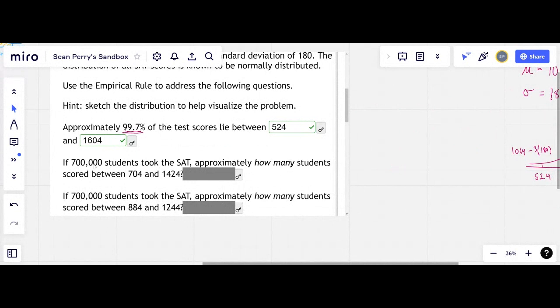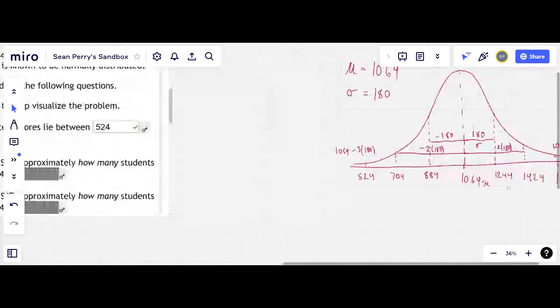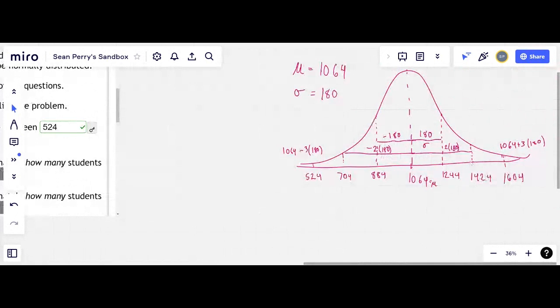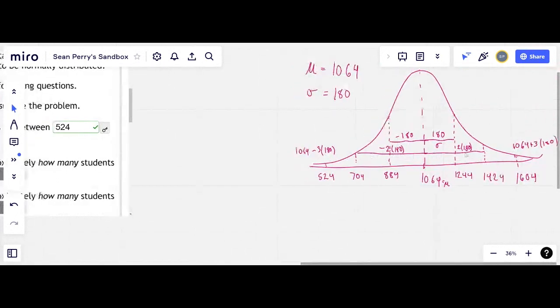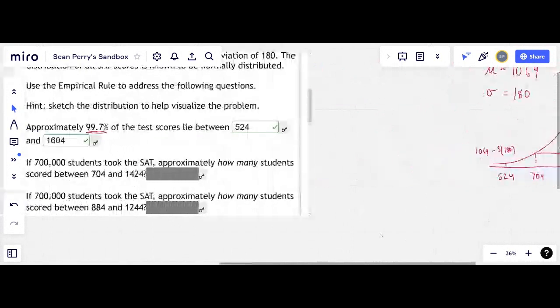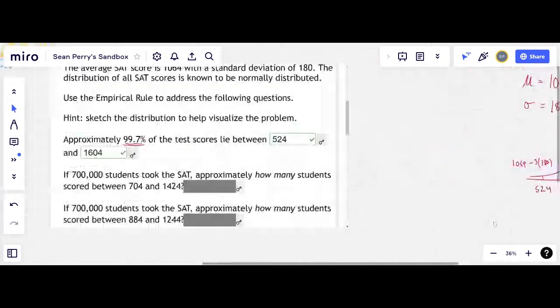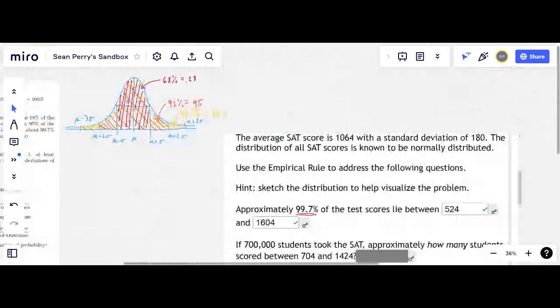Now it says, if 700,000 students took the SAT, approximately how many students scored between 704 and 1424? So 704 and 1424, that's plus and minus 2 standard deviations. Okay, so 2 standard deviations, well, that's 95% of my data.